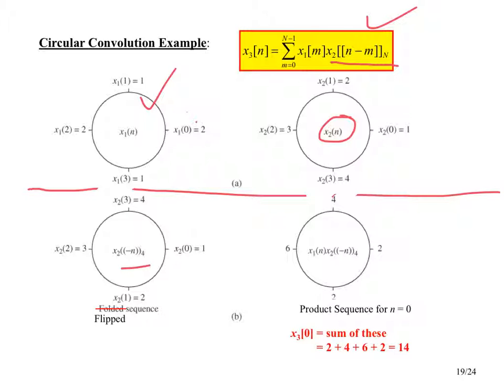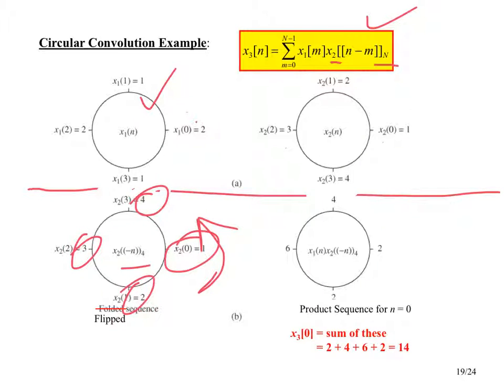So x2 of 0 stays, and then we're going to go counterclockwise on this circle, but we're going to read them off in this order over there. So we'll have the 4, the 3, and the 2.